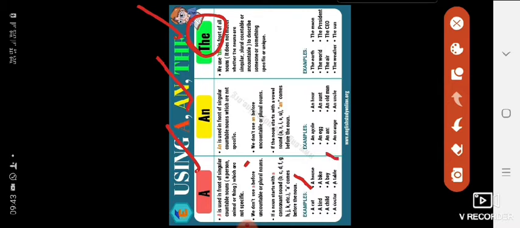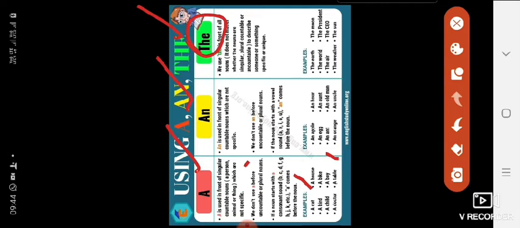These are singular and countable nouns. A cat means a cat can be counted. If there are two cats, we cannot use a. If there are more than one cat, we cannot use a.